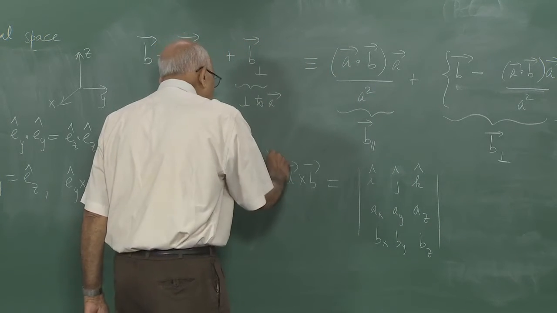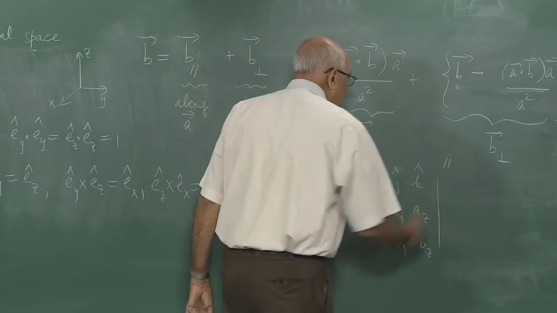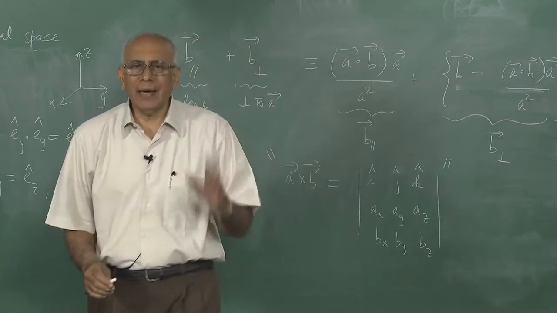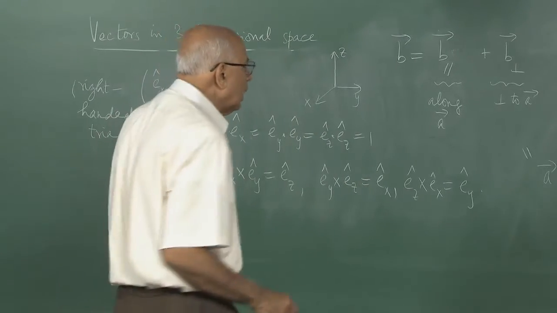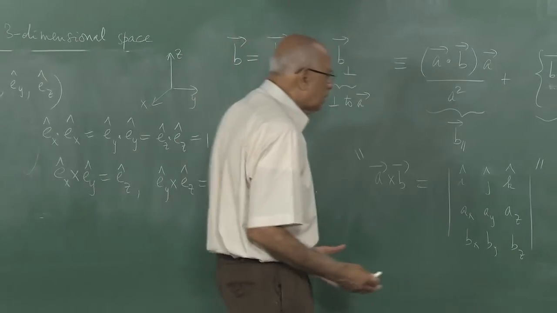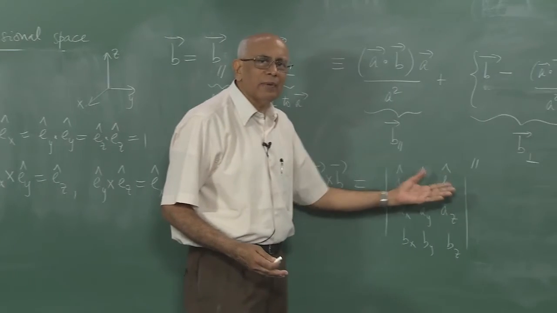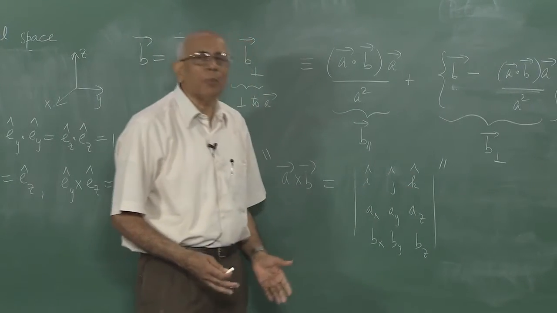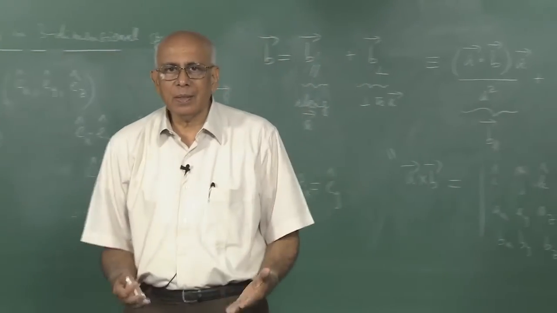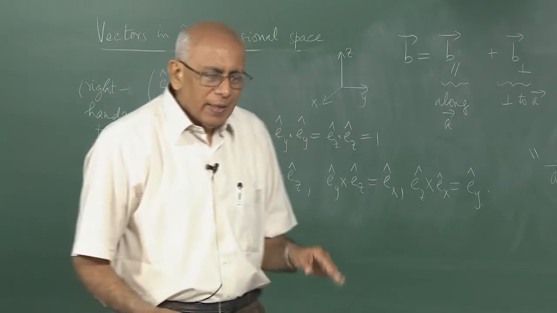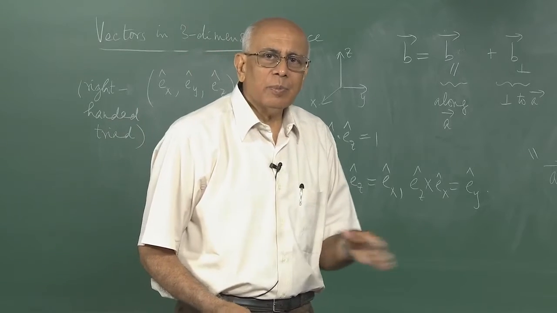I am going to put this in quotation marks because it is not a great idea to write it in this fashion. It is very misleading, because you can't have a determinant in which the first row consists of unit vectors and the other 2 rows consist of components of vectors. In a determinant, which is a proper determinant in the correct sense of the word, the nature of all the elements should be exactly the same.